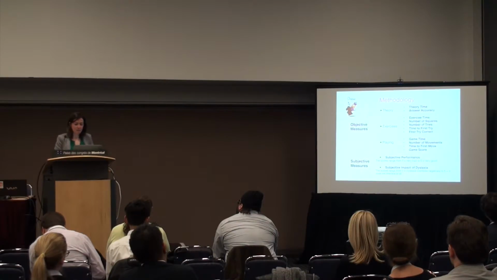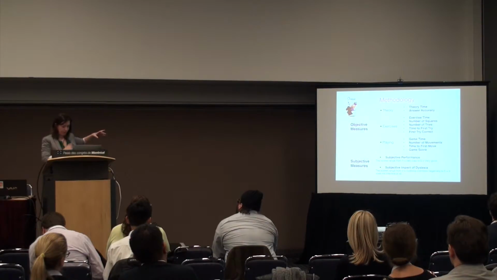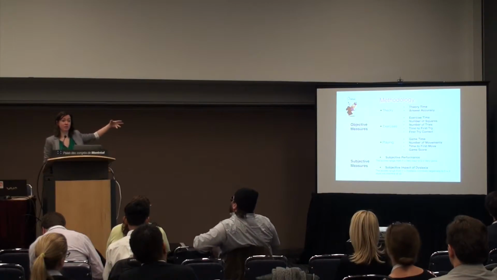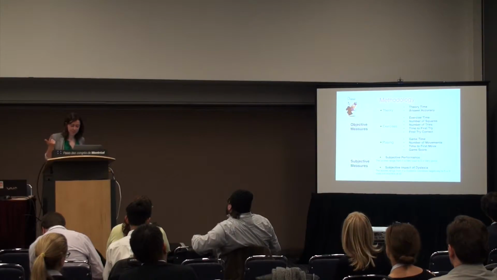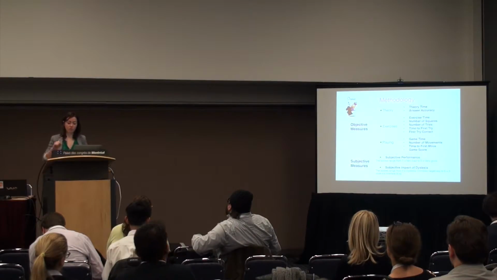We measured their performance using objective measures and subjective measures. The objective measures: you remember that each lesson was divided in 3 parts: theory, exercises, and playing. Here you have the objective measures for theory. We measured the time that they spent and the accuracy of their answers. In the exercises, we also measured the time.